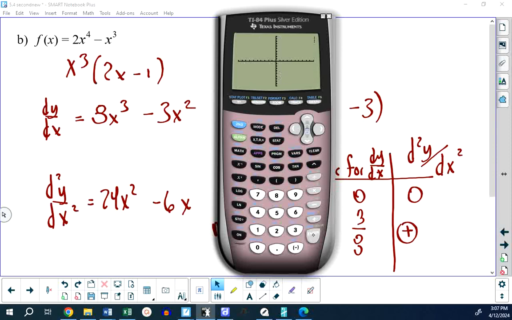Well, I know it's going to be an inflection point there. There's an inflection point there, trust me on that. I know it based on that function, as long as I've entered it correctly, and I have. Let me show it to you. It is going to be subtle. And there's a minimum afterwards.